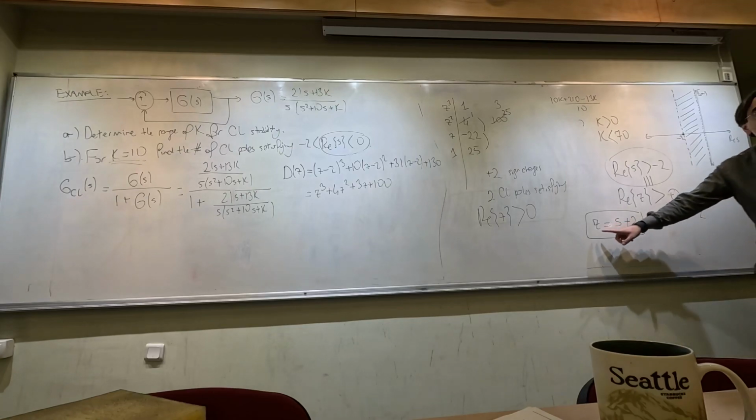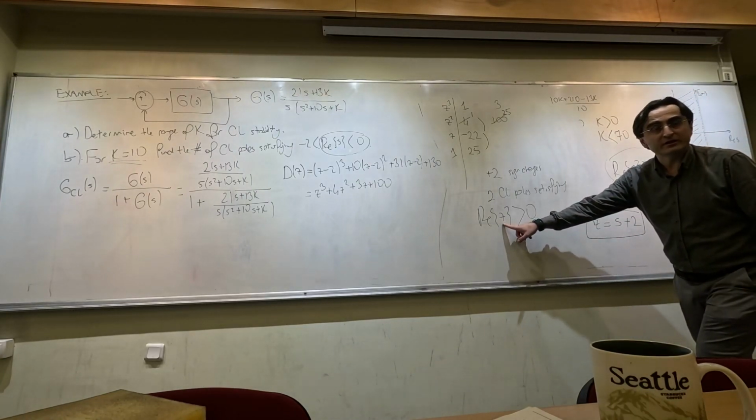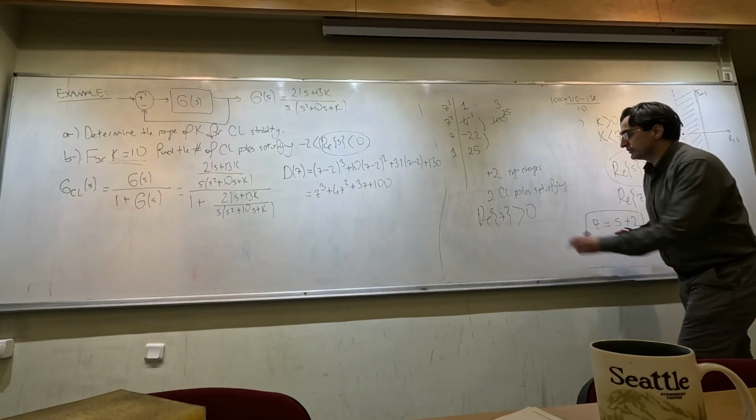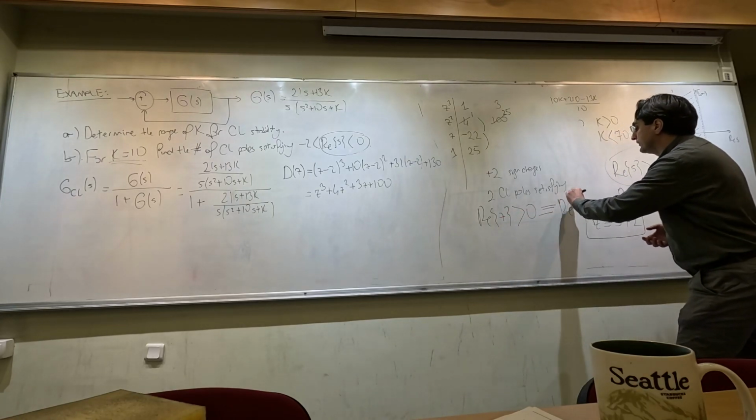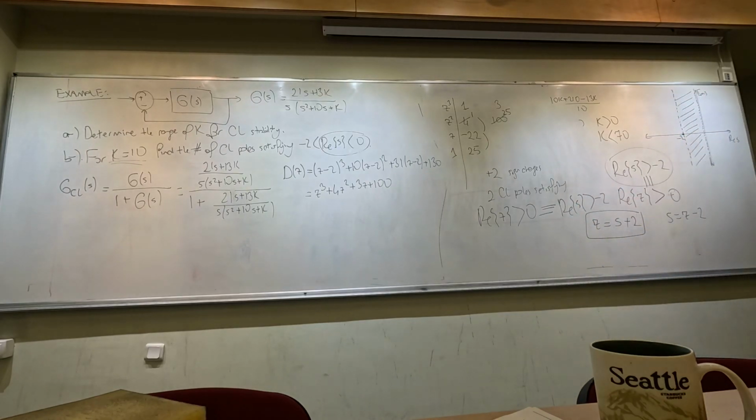Okay? I know that z equals s plus 2. I can substitute it here, s plus 2. So this is going to be equivalent to real of s larger than minus 2.